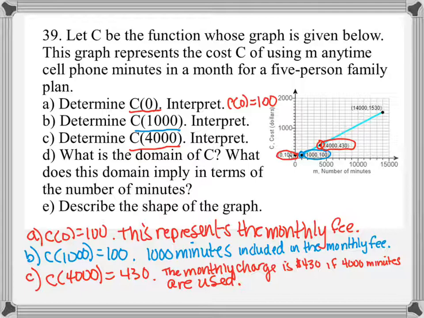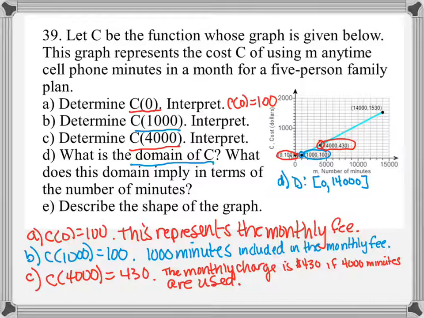What is the domain of C? So the domain goes from 0 to 14,000, including both endpoints.